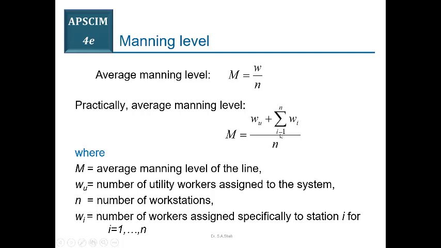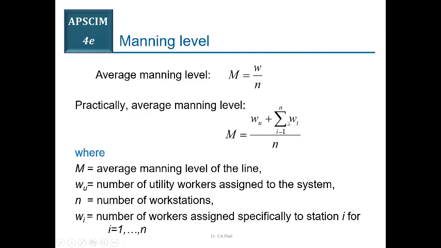Like for example, as I gave you the example first, if the total number of workstations is 10, so in that case i will be from 1 to 10. So you will have 10 workers assigned to the workstations plus the total number of utility workers, suppose if they are 5.